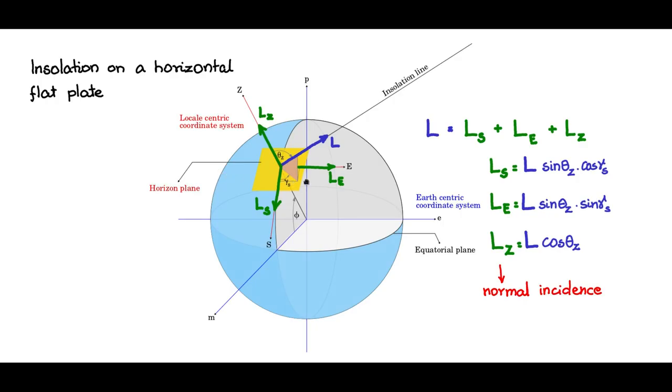We have seen the insolation vector L resolved into the three orthogonal coordinates of the local centric coordinate system.